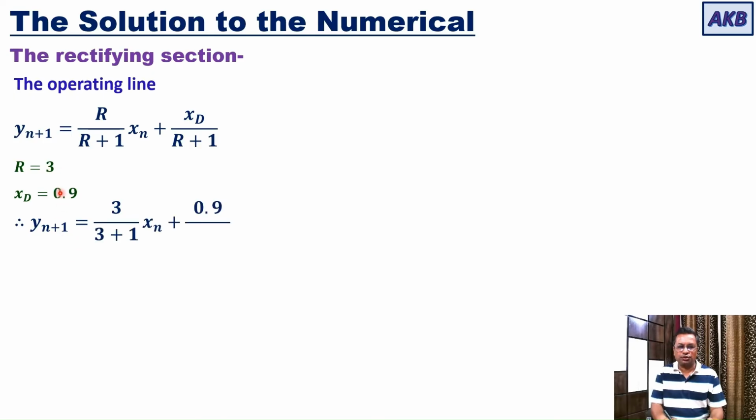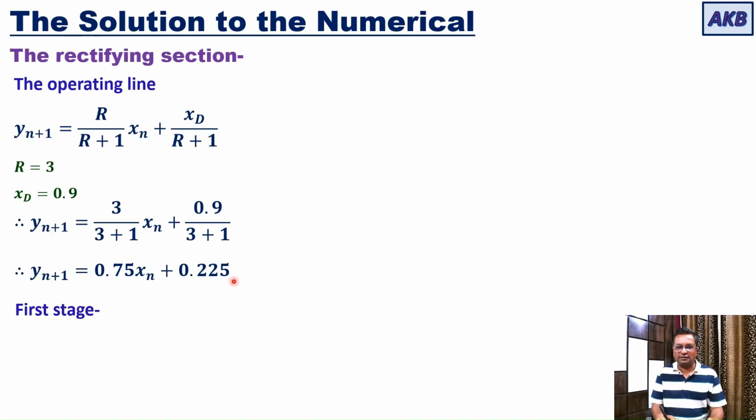So we are going to use these values in the equation, and you get y(n+1) is equal to 3 upon 3 plus 1 into xn plus 0.9 divided by 3 plus 1. We have used the values of R and xD. So therefore, y(n+1) comes out to be 0.75 xn plus 0.225.